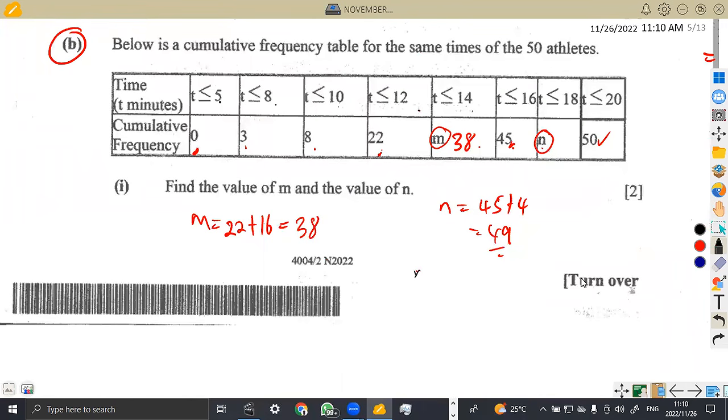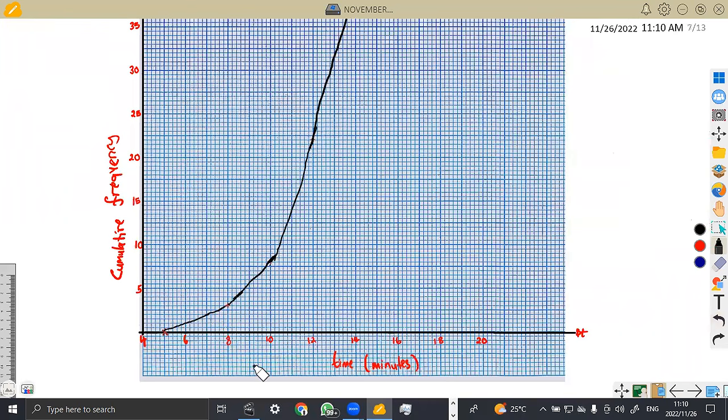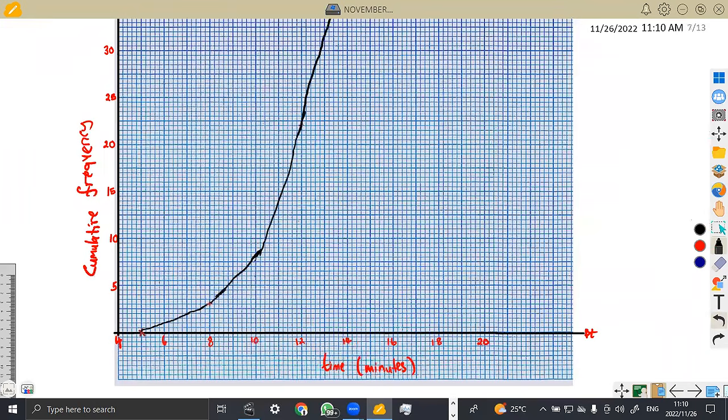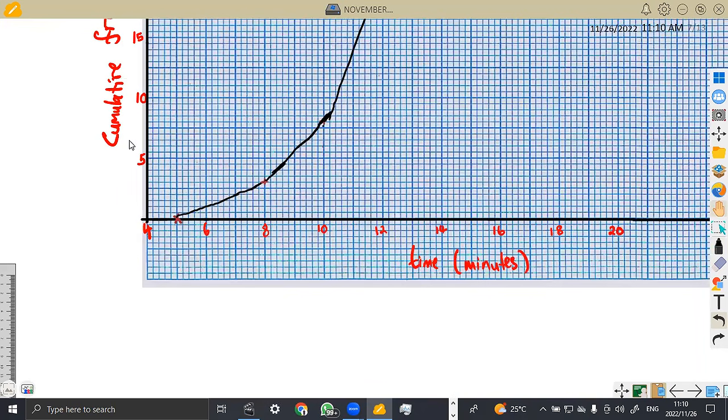So you mark these points. Because of this graph, I was actually having a bigger graph, with a lot of things there, so I just had to mark this. So this is our time on the t-axis. That's our time here. So I had to mark the points and the cumulative frequency. You can even start from 0, but here I started from 4, 4, 6, 8, and so forth, maintaining 2, 4, 6.